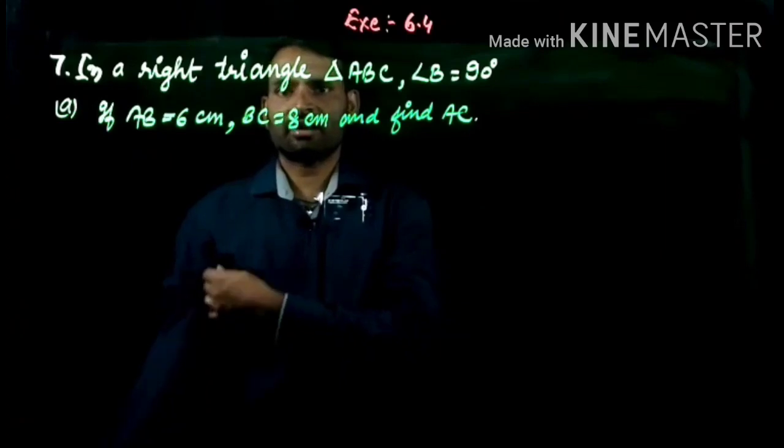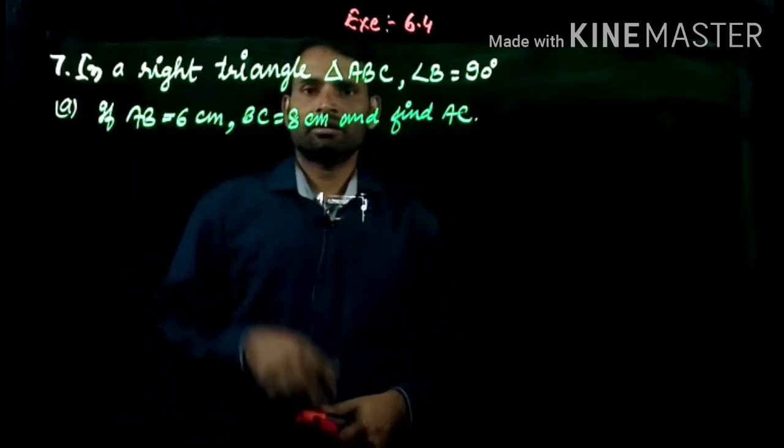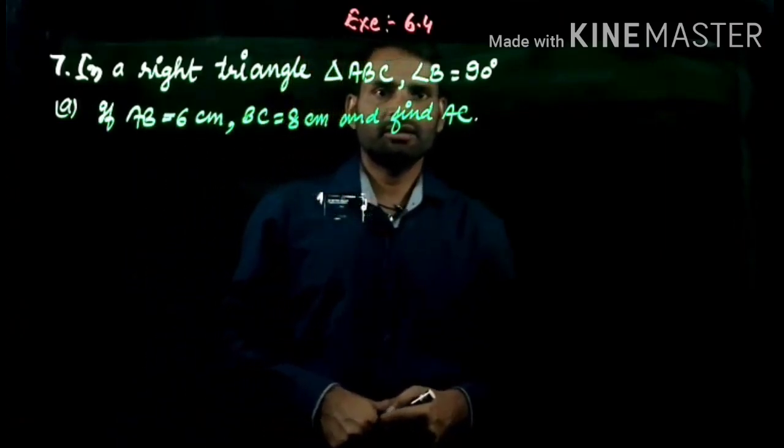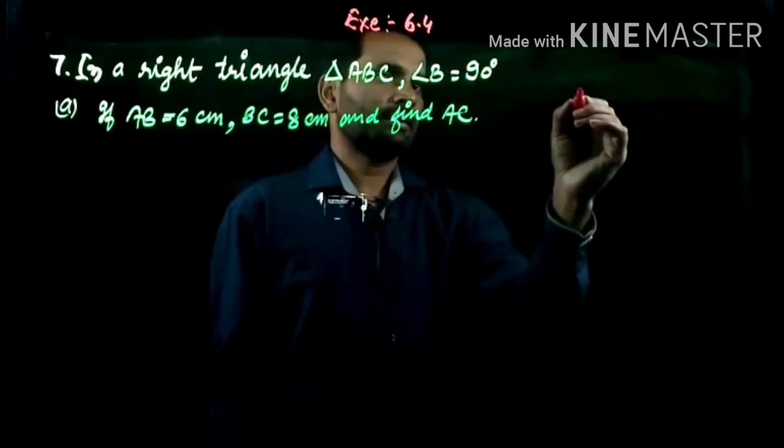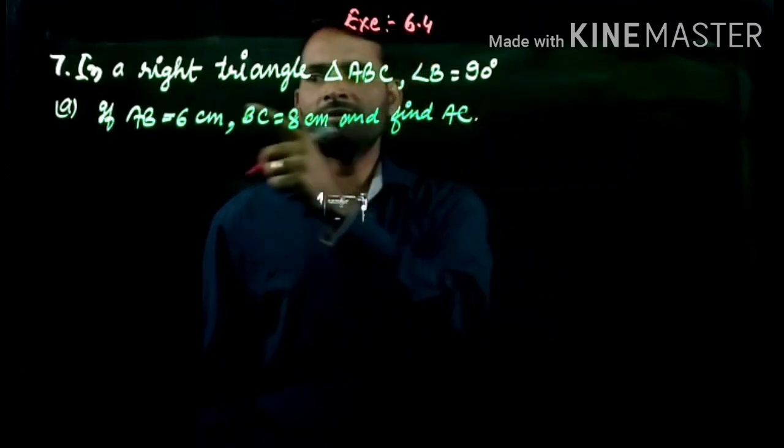Question number 7. In a right triangle ABC, the angle of B is 90 degrees. So first you draw a triangle with the angle of B. Which type of triangle? Right angle.